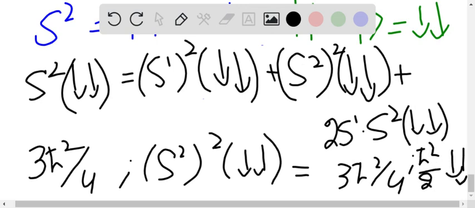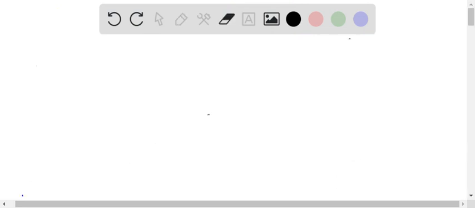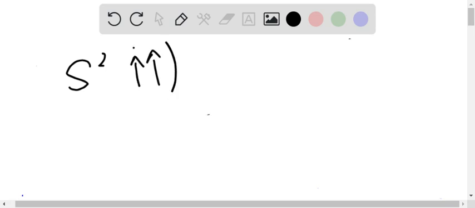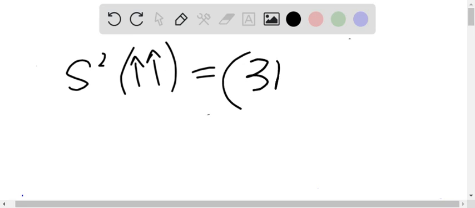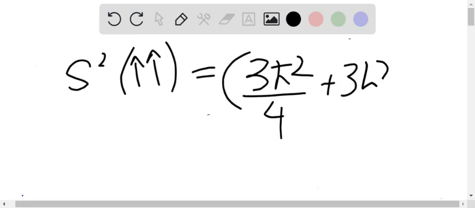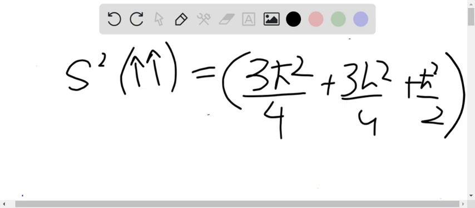So now we have to combine the terms. When we combine the terms, we get S square equal to 3h square divided by 4 plus 3h square divided by 4 plus h square divided by 2 on the downward state.